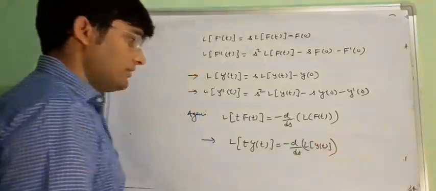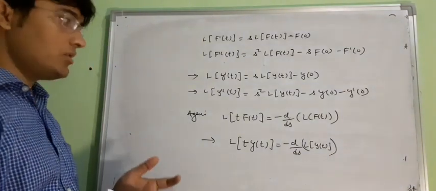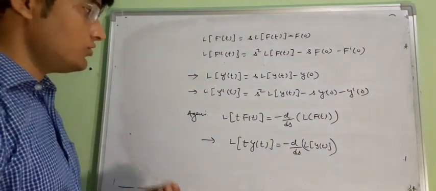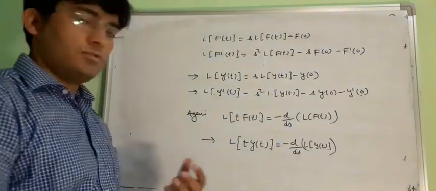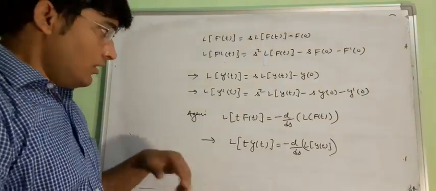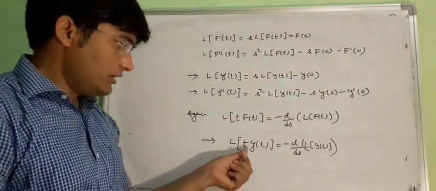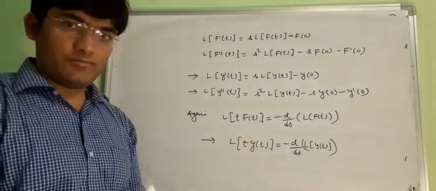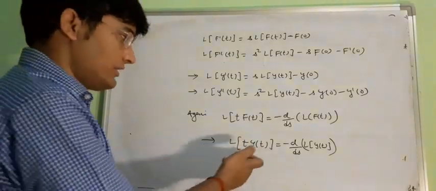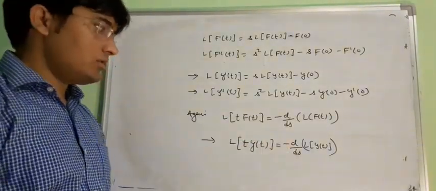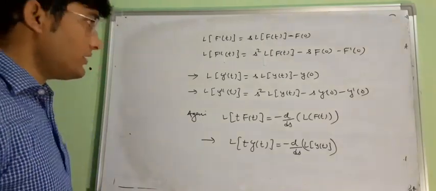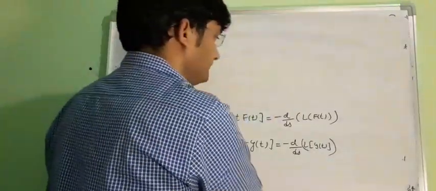So now we will use this formula to evaluate the differential equation. In place of y(t) we can have x of t or some other function. So let us start with question number 1.